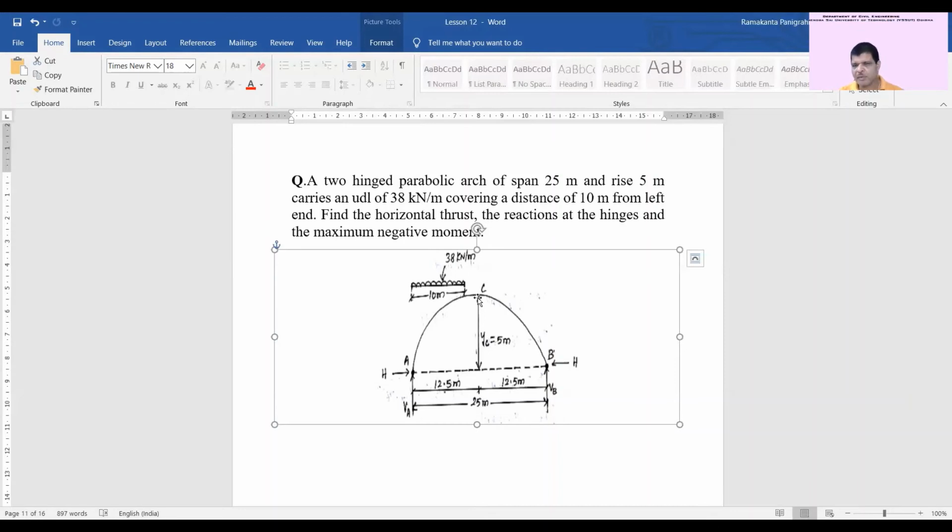So you have to use that, and then we can find out the horizontal thrust, reaction at hinges, and maximum negative moment, because the beam with a part UDL is there, so there will be positive, and there is also H into Y. So the maximum bending moment may be negative at some point, that you have to find out.